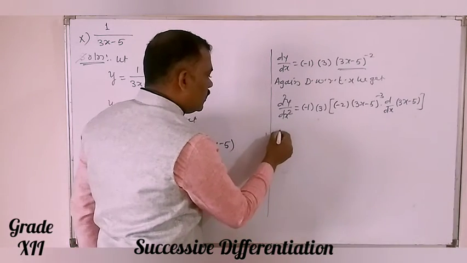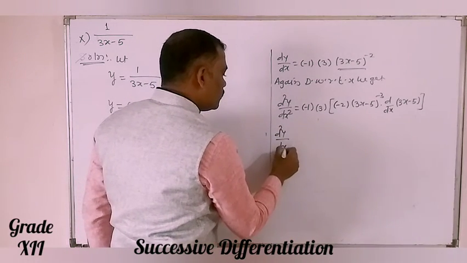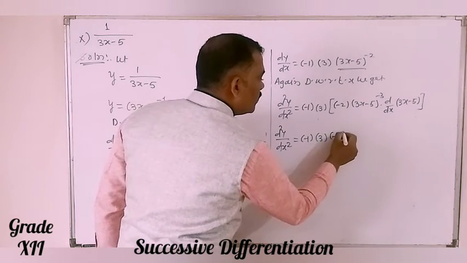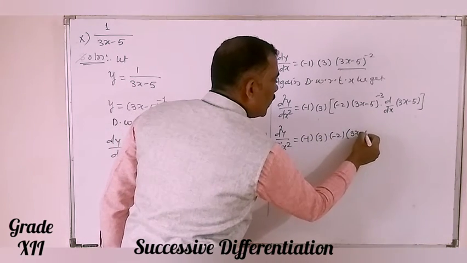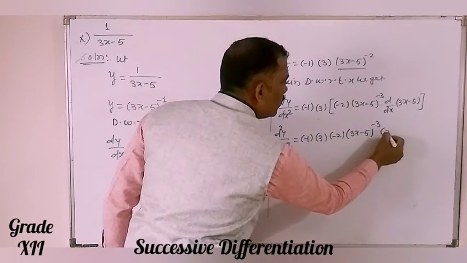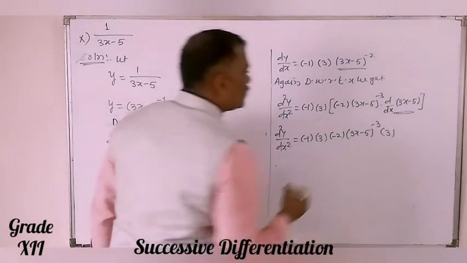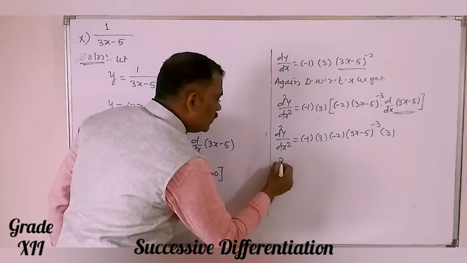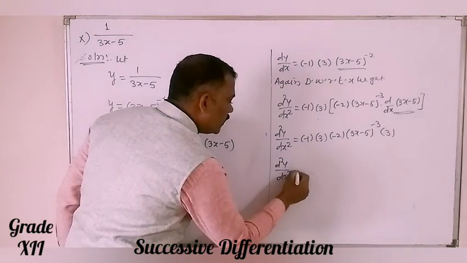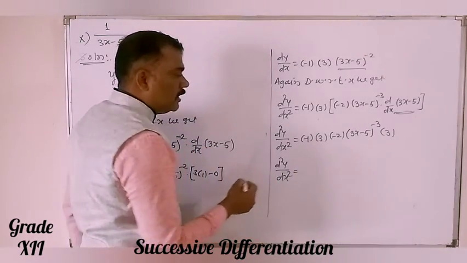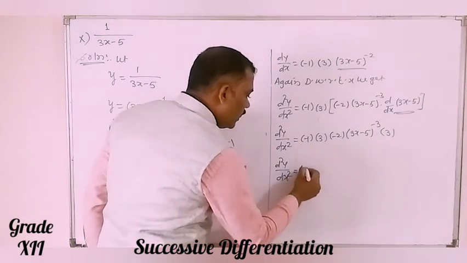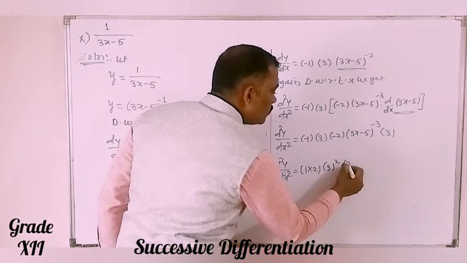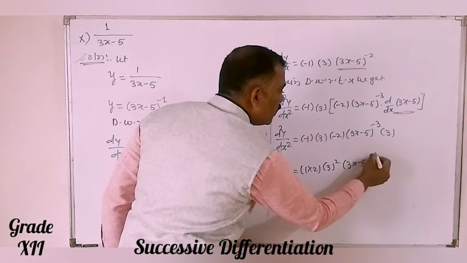So that what you have to get, d2y by dx square is equal to minus 1 into 3 into minus 2 into (3x minus 5) raised to minus 3 into 3. Differentiation of this, you have already found, that is nothing but the 3. So that we can write d2y by dx square is equal to minus 1 minus 2, that is plus, this we will write 1 into 2, 3 into 3, that is 3 square into (3x minus 5) raised to minus 3.